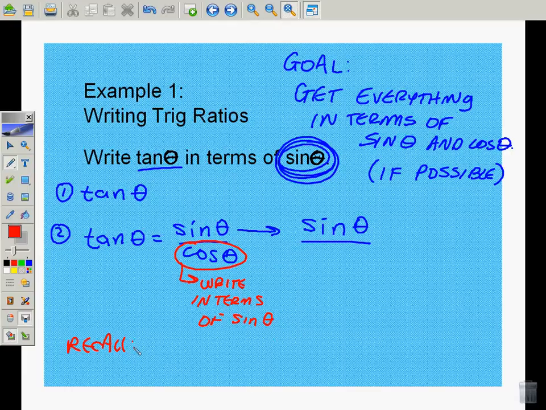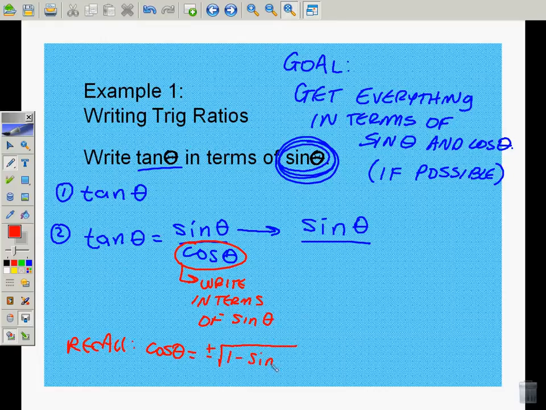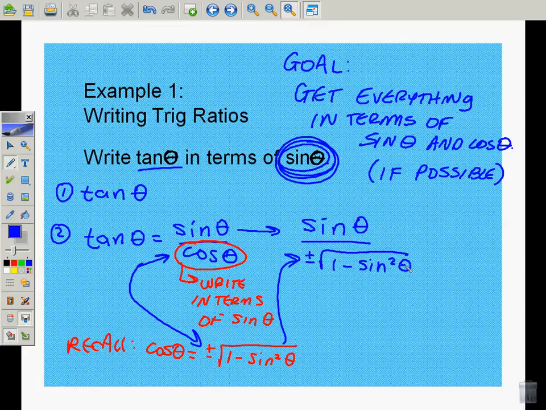So we're going to recall that cosine theta is equal to plus or minus the square root of 1 minus sine squared theta. Do you see what I just did right there? So instead of cosine, I'm going to use this. I'm going to bring this up and put it in the denominator, plus or minus the square root of 1 minus sine squared theta. And now I'm done. This is my answer because I've written it in terms of sine.